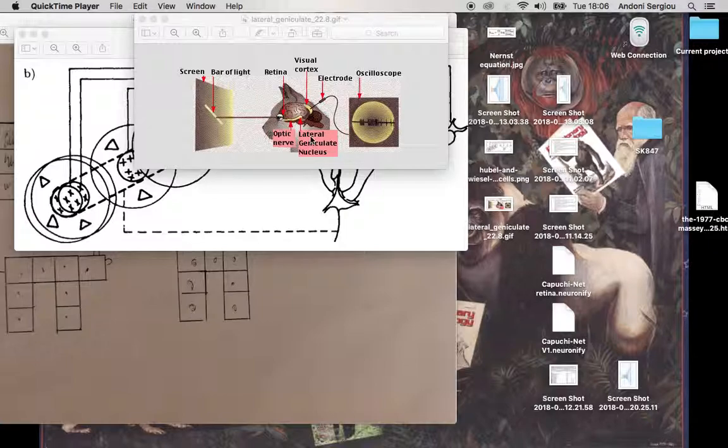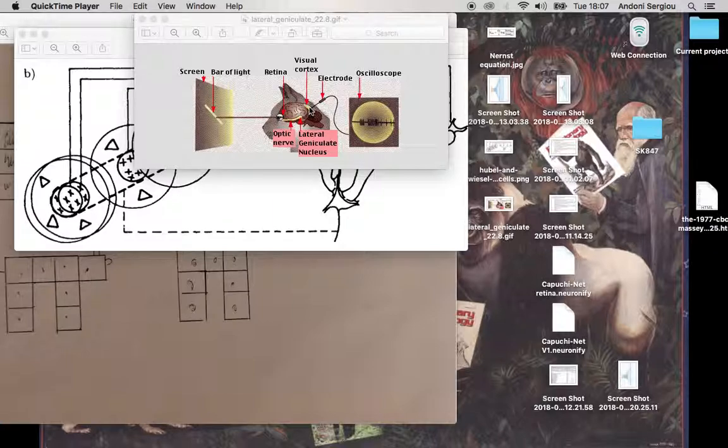Don't worry, the cat was absolutely fine after the experiment, and healed quite nicely, and it's not as barbaric as it perhaps looks on YouTube, and you can find the video for it on YouTube. It's great. They took a cat and they took an oscilloscope, and you can see here they placed a single electrode to a single neuron in the striate cortex, the cat.